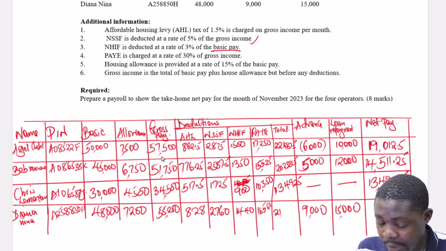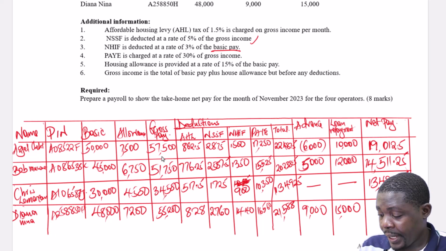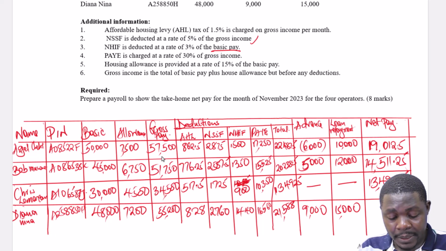The total deductions, we can add 1,440 plus 2,760 plus 828, plus 16,560, we have 21,588. Right, then we can add this to the advance and loan: 9,000 plus 15,000, we get 24,000. We have 55,200 minus all the deductions, that is 21,588 plus 9,000 plus 15,000, we get 45,588 from 55,200.